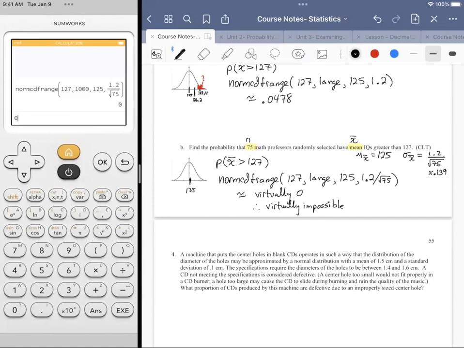But I kind of look at it like, well, it's hard enough to find one. One person who's brilliant, only 5% of the population, 0.0478. So if it's that hard to find just one, how on earth am I going to find a group of 75 of them?